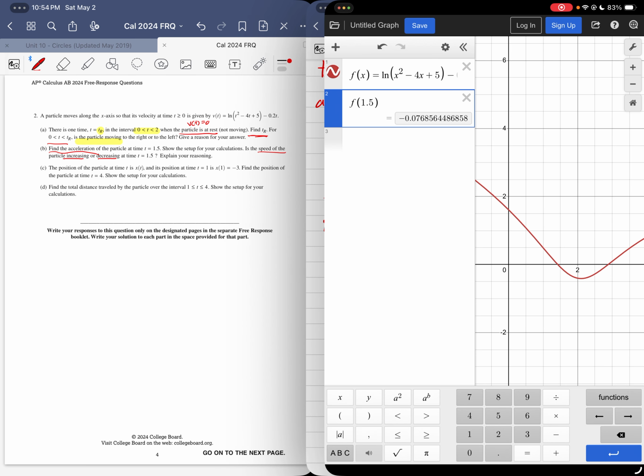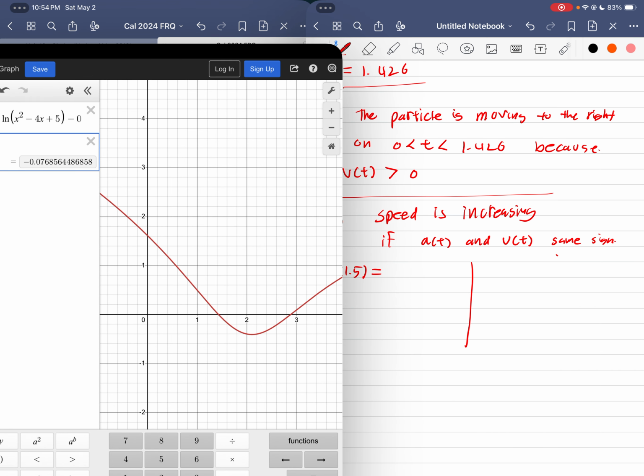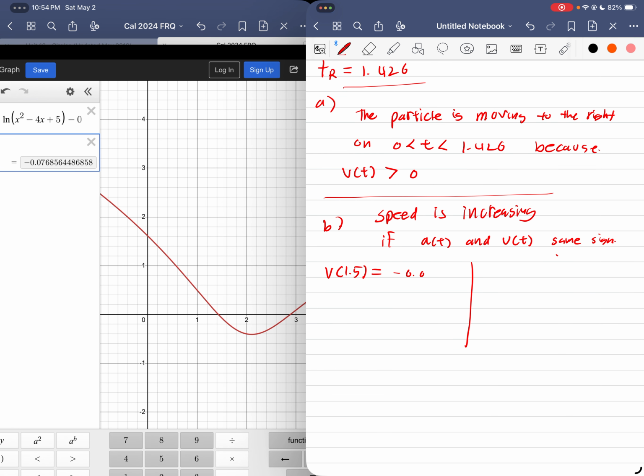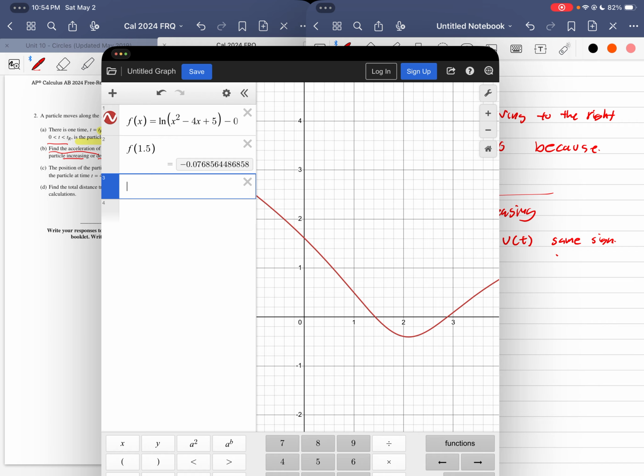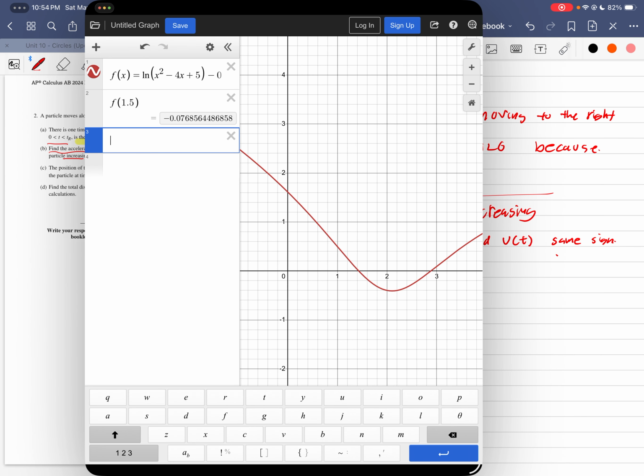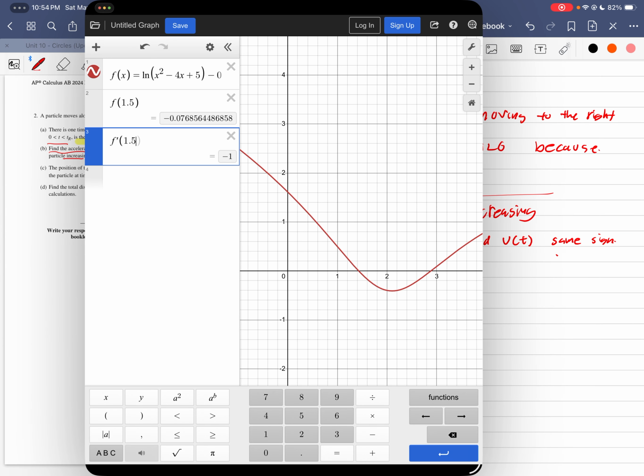They gave us the number: negative 0.0768. And a of 1.5, acceleration, which is the same thing as v prime of 1.5, here I'm going to put f prime of 1.5.